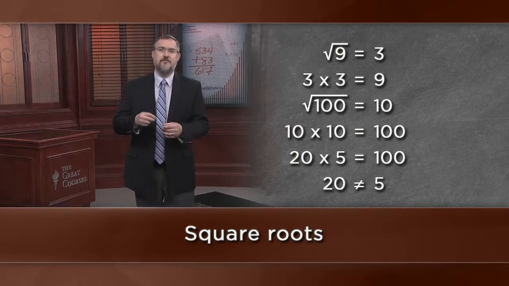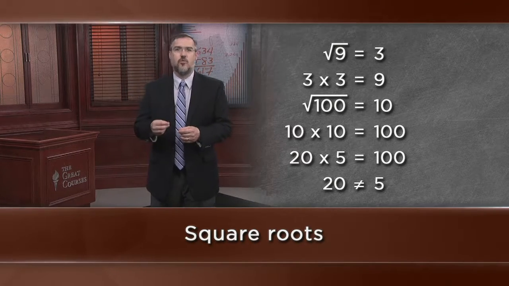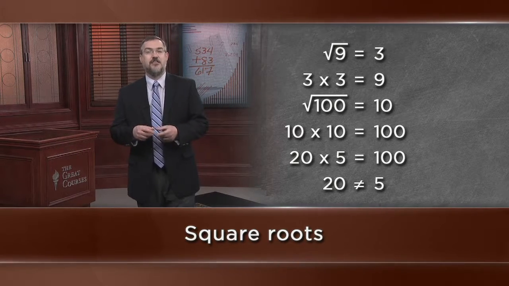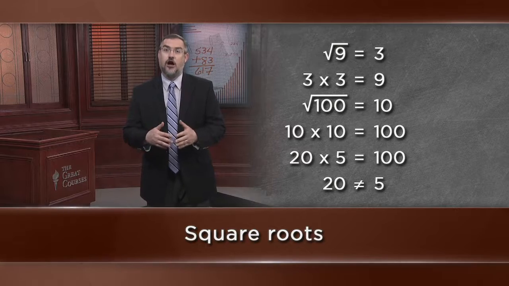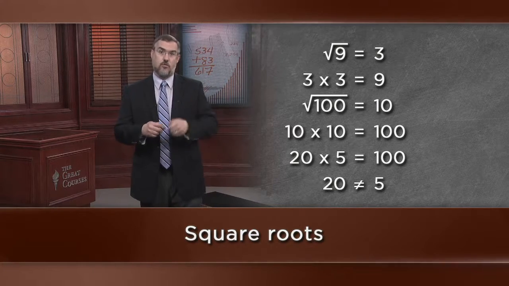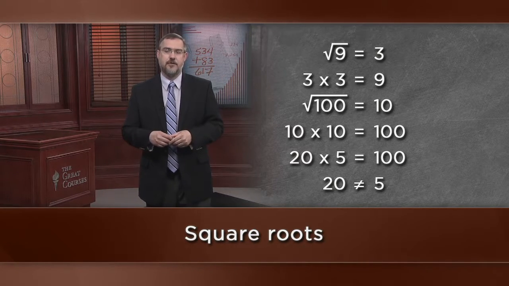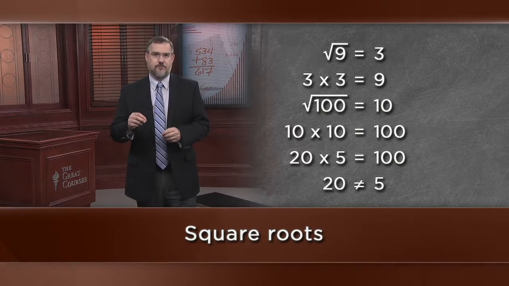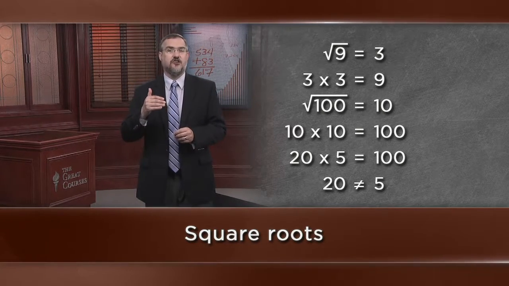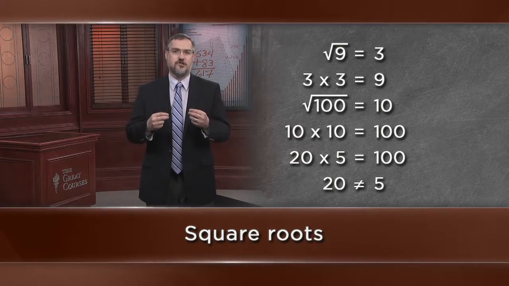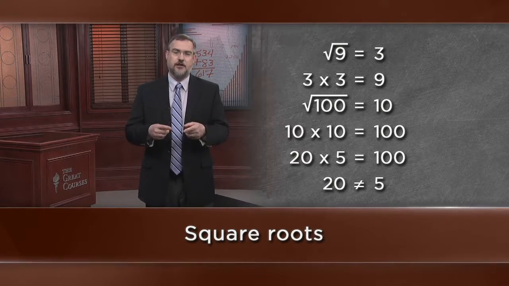Now, as you can see, the operation of taking the square root of a number is exactly the opposite operation of squaring a number, or raising the number to the power 2. In fact, the more technical phrase is that the operation of taking a square root is the inverse operation of squaring a number.